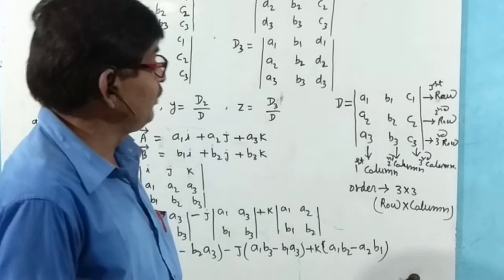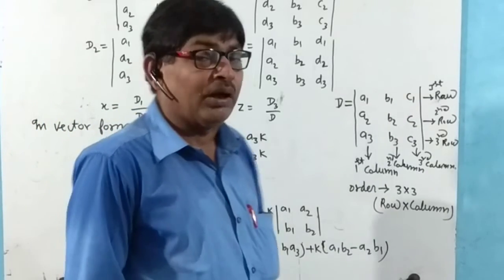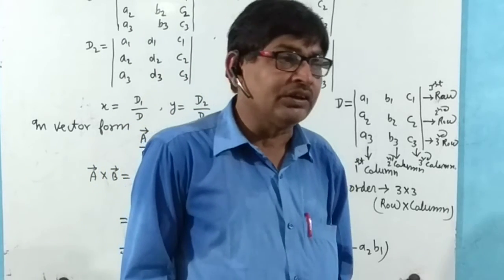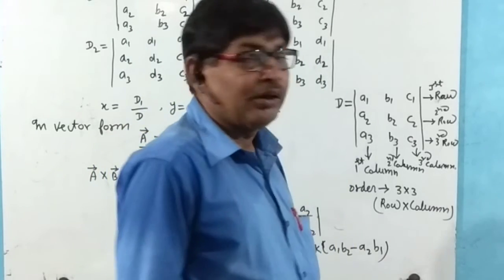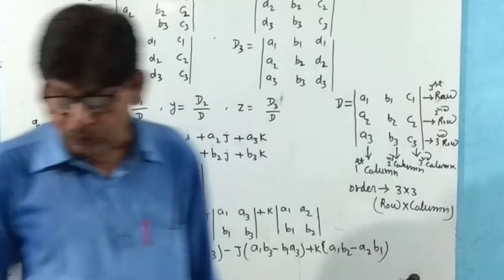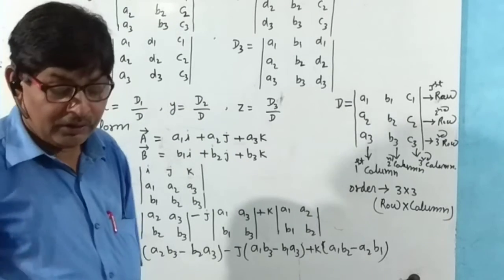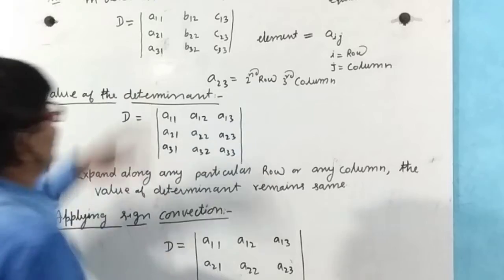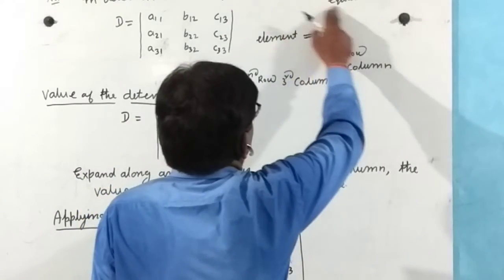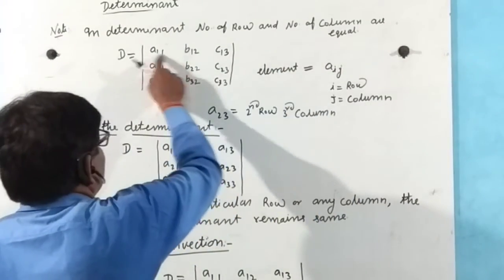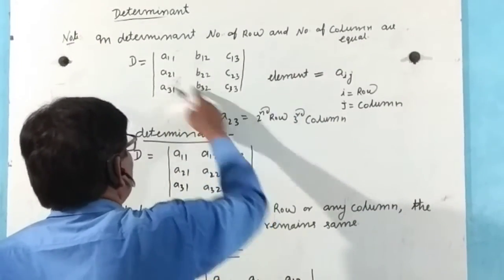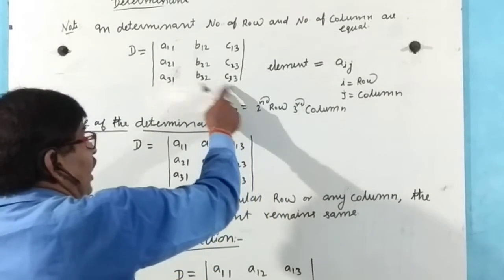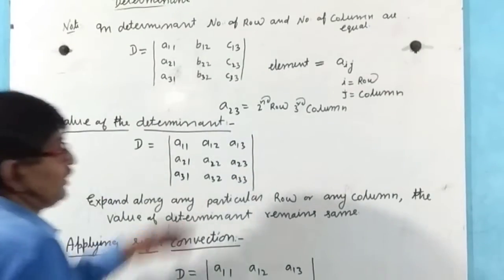But in a determinant, the number of rows and columns are equal. Here there are first row, second row, third row, first column, second column, and third column, and the order of this determinant is 3 cross 3.